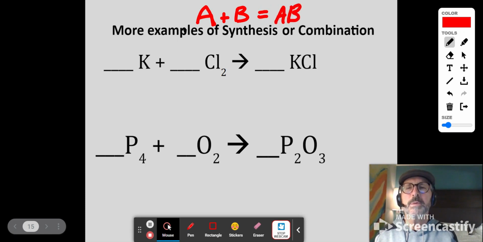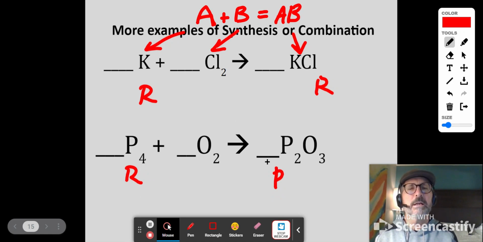So this would be your A, an element, another molecule, and then combined your products here. So reactant side, product side. Reactants, products. Simple combined to make a compound. So let's balance these off.